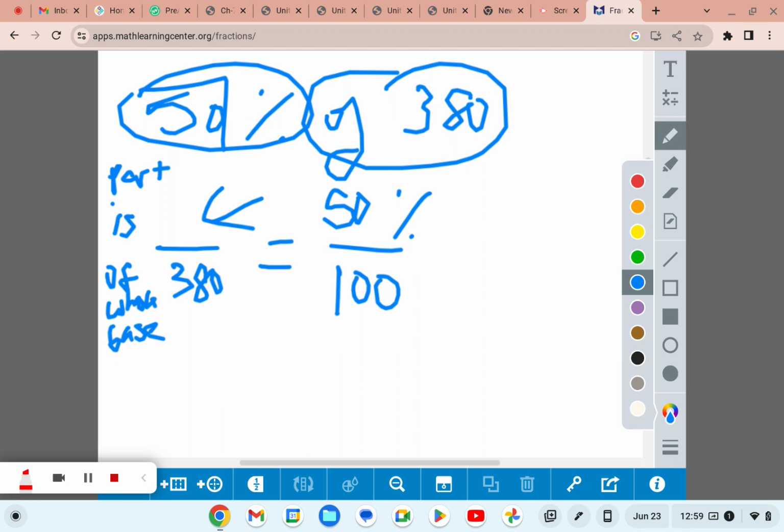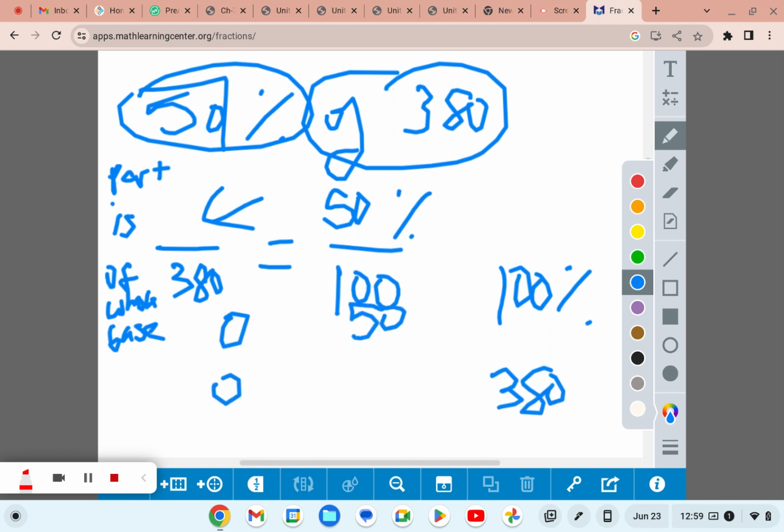One of the tools and strategies I want you to think about using is just thinking about how numbers are related. You know that 100% of 380 is 380, and 0% of 380 is zero, right? So then what would 50% of 380 be?